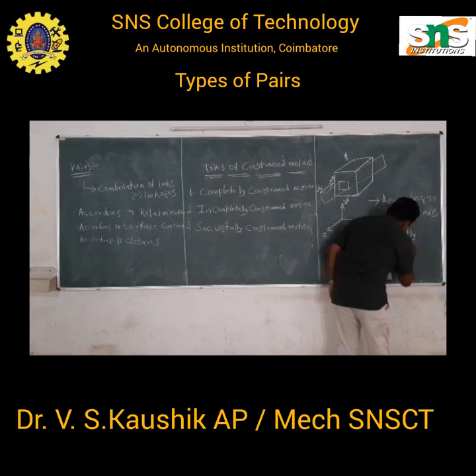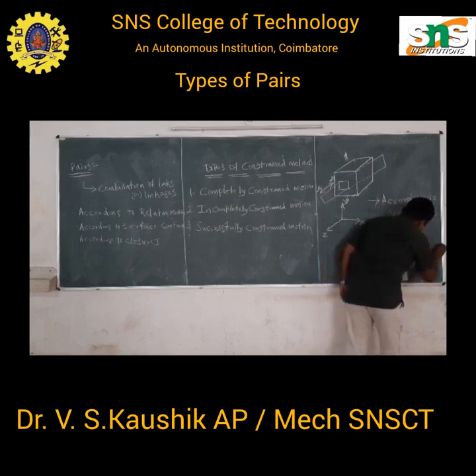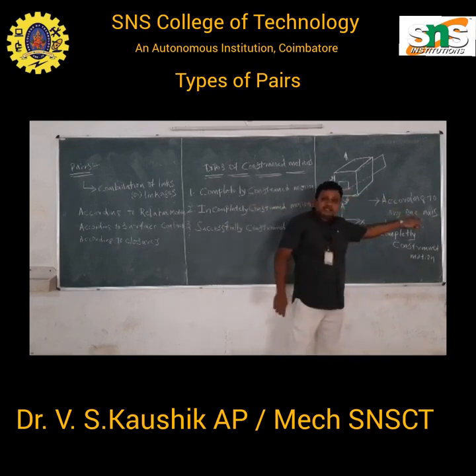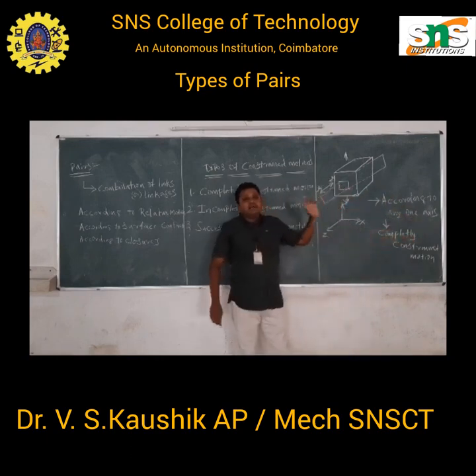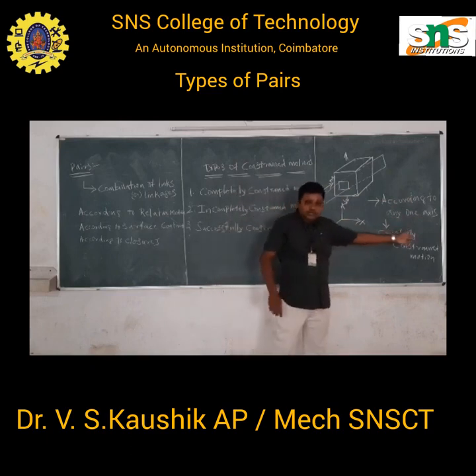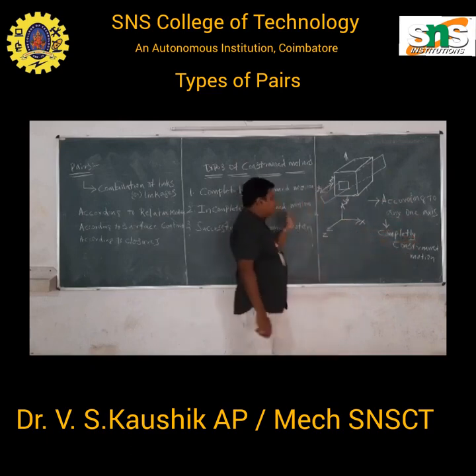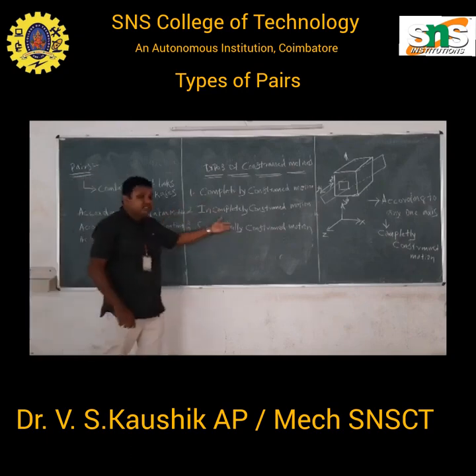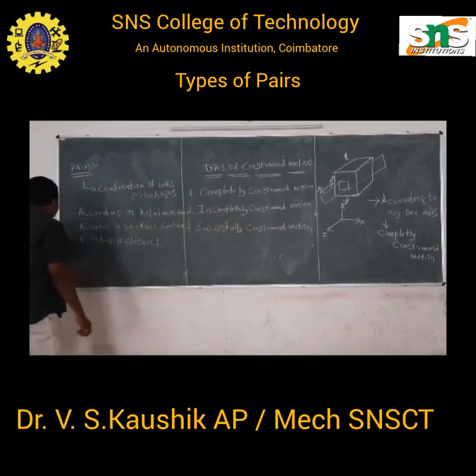Okay, the movement in any one axis is called as completely constrained motion. Now we will move into the incompletely constrained motion. That is our second type.